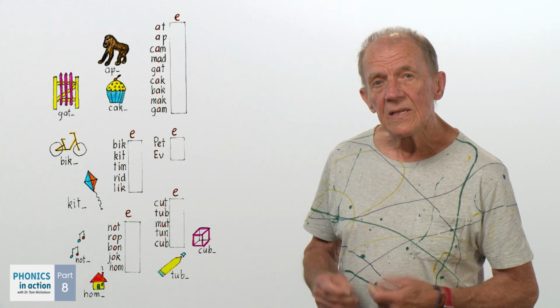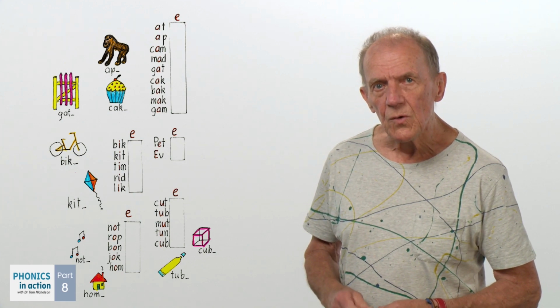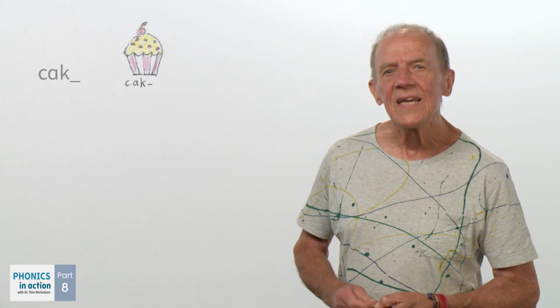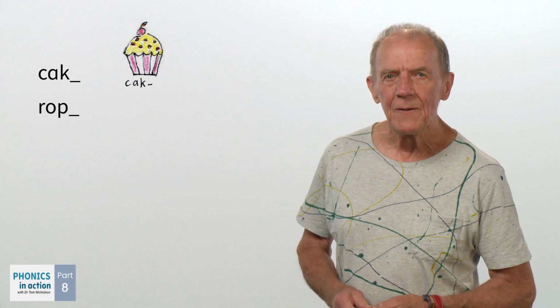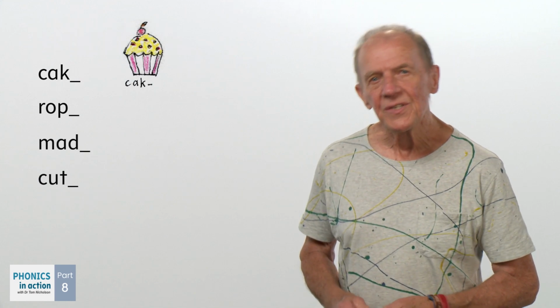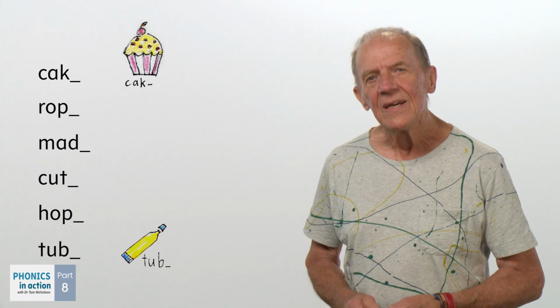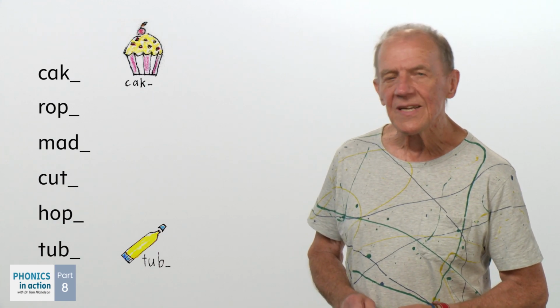And that is how the split digraph rule came into our lives. In words like cake, rope, maid, cute, hope, tube, the final E signals the long vowel sound.